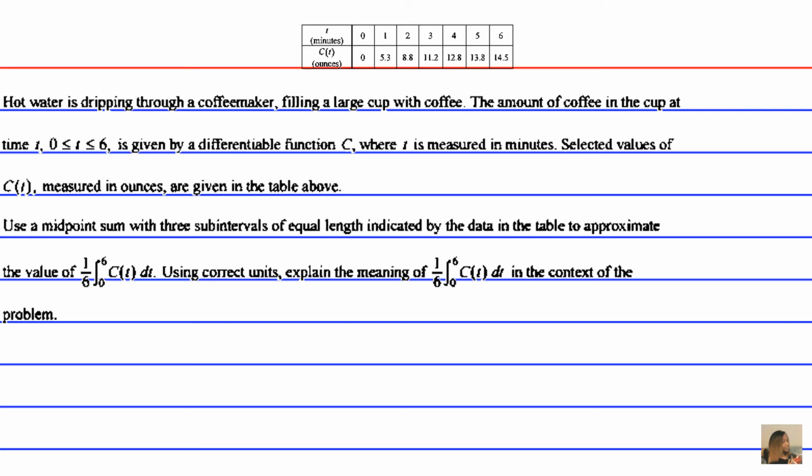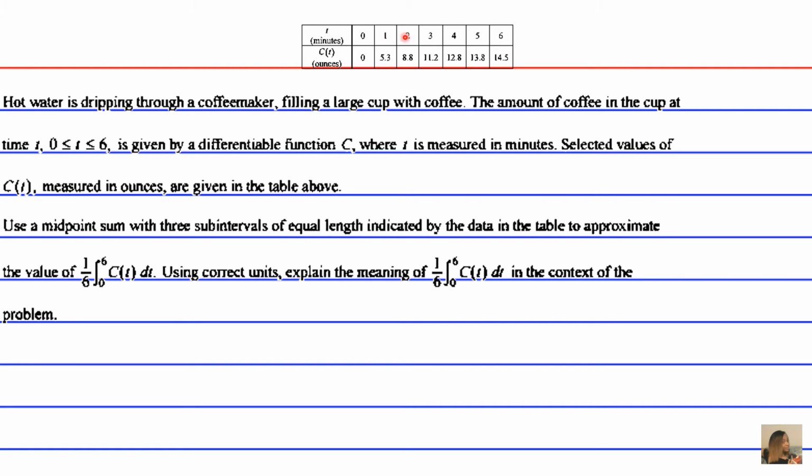The first thing you have to realize is that we're asked for a midpoint sum of 3 subintervals of equal length, and our interval is from 0 to 6 minutes. Dividing this into 3 subintervals of equal length is very convenient, because 6 divided by 3 is 2.